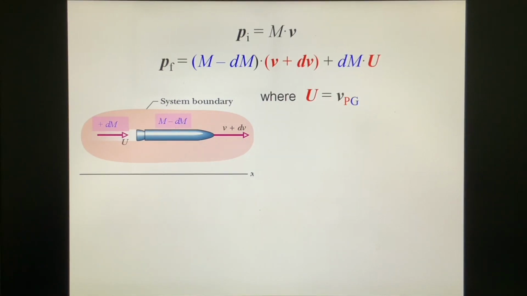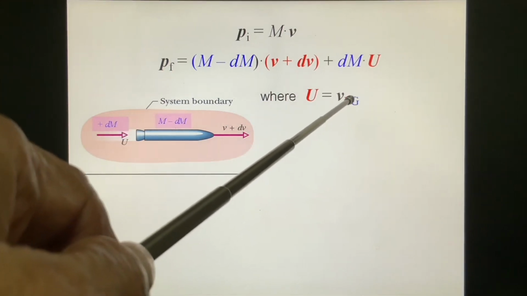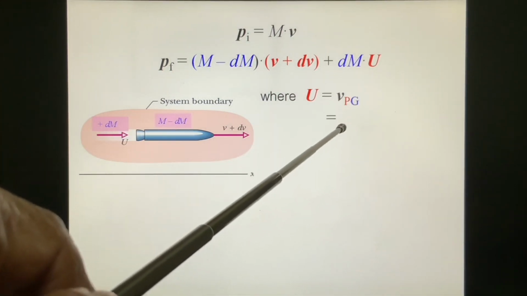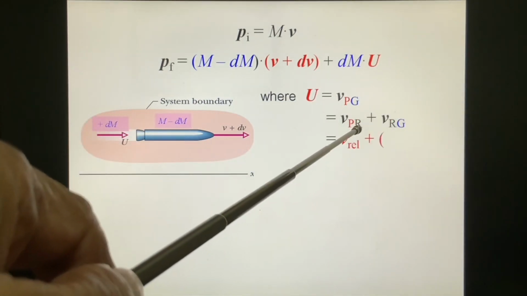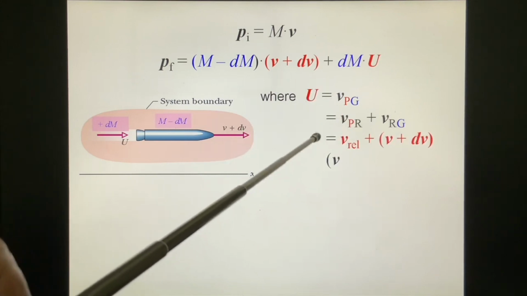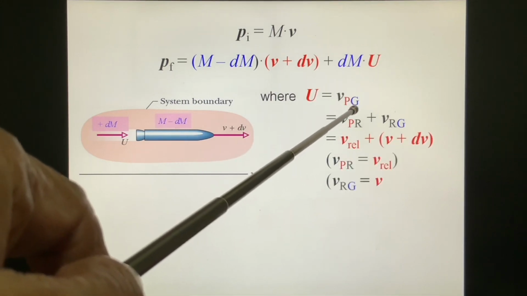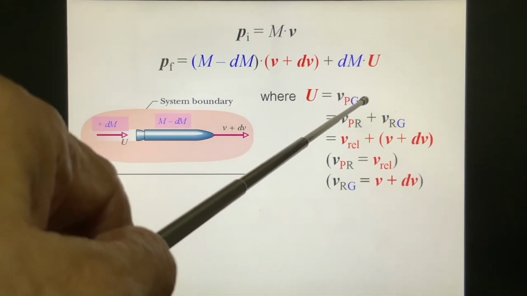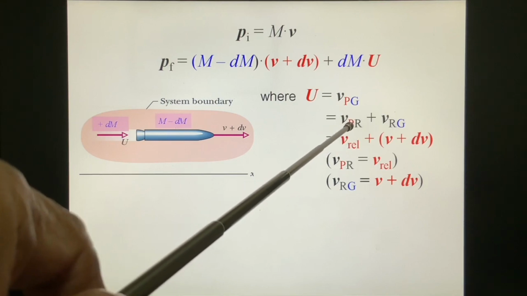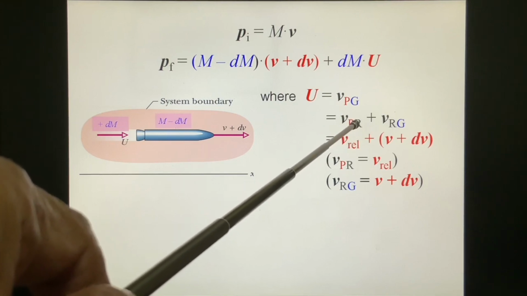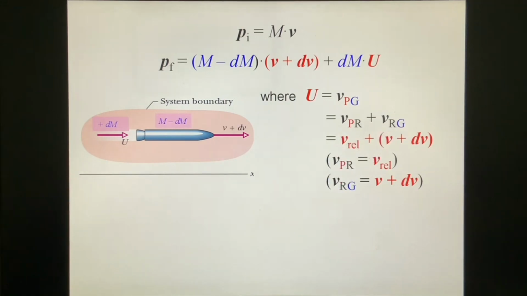We know the relative speed, V_pr, the velocity of the prepared products relative to the rocket. So we use the formula, split into two, P-G, and then put R inside. This means the velocity of the prepared products in the ground is equal to the velocity of the prepared products in the rocket plus the velocity of the rocket in the ground.